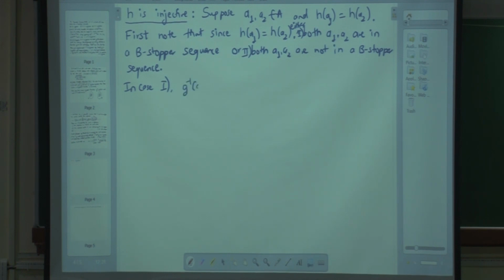G inverse a1 is equal to h of a1 is equal to h of a2 is equal to G inverse a2, and this implies a1 is equal to a2 by injectivity of G inverse.